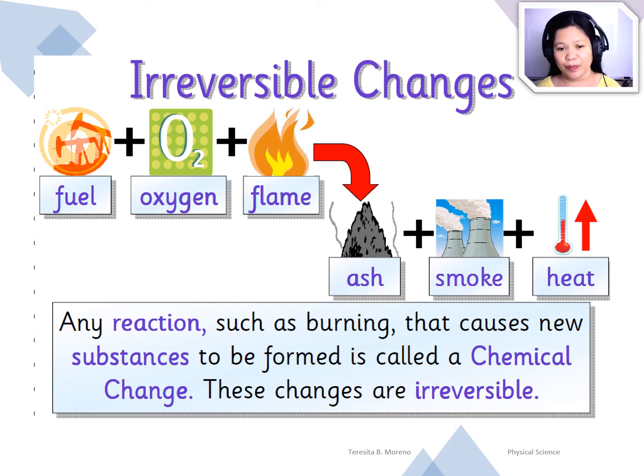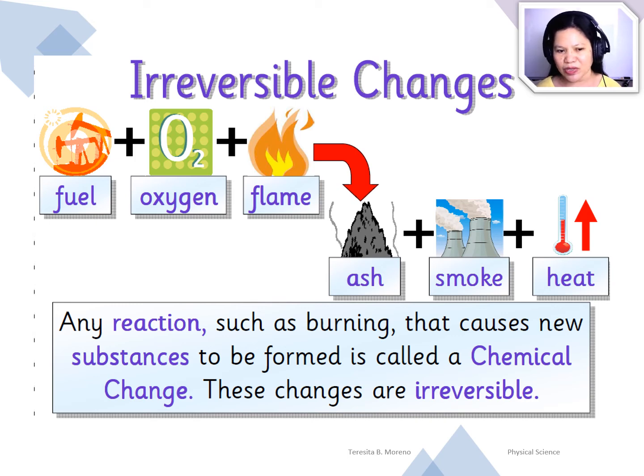Can you reverse the reaction? Pwede mo ba siyang ibalik sa dati? Na naging flame siya, babalik mo siya sa fuel, to oxygen, or ibabalik mo yung ash to kung ano man yung nasunog na bagay? Can you return it? Of course not. So this is an example of irreversible.